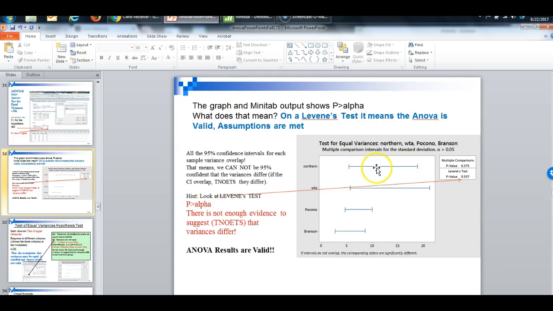There is a possibility that the variance for Northern could be anywhere in here, WTA anywhere in here, so you can't really say that Northern is statistically different. Likewise with Pocono and Branson. So this is just another way to analyze the Levene information. They do give the p-value here. So let's move on and learn how to do the hypothesis test.